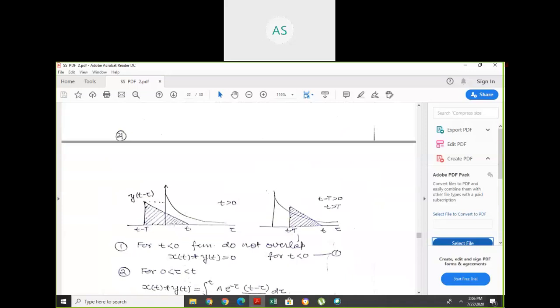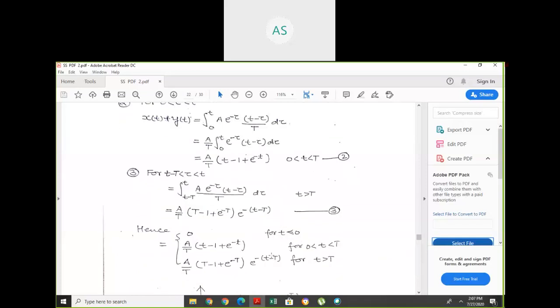In this case, we get the multiplication area from 0 to t, and in this case we get the common area of the two signals, and the lower limit of the common area is t minus capital T and small t is the higher limit.